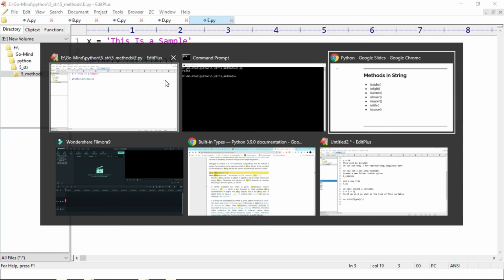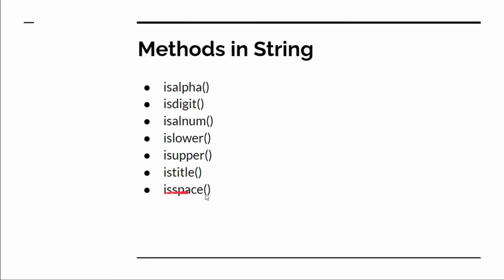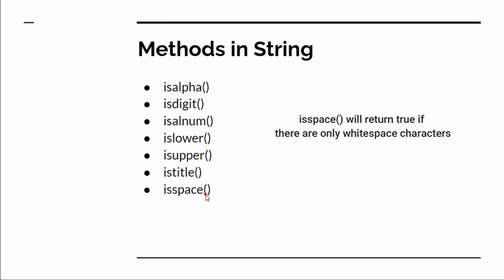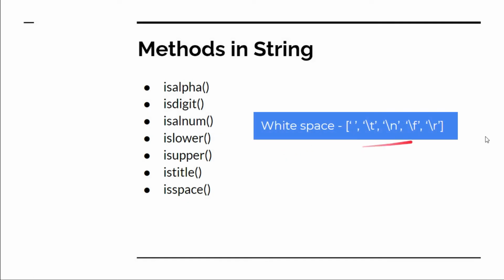so next method is isspace. This method will return true if there are only white space characters in the string. Okay, so these are the white space characters. If our string contains only these characters, then only we will get true. Notice \b or backspace is not a white space character.